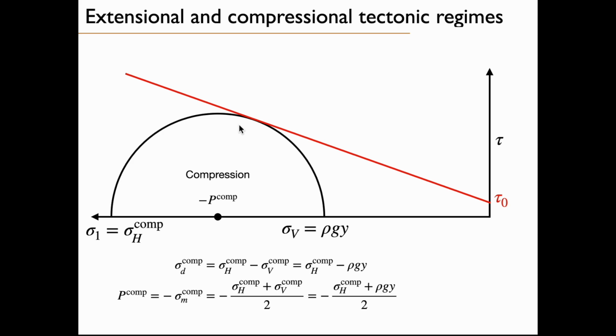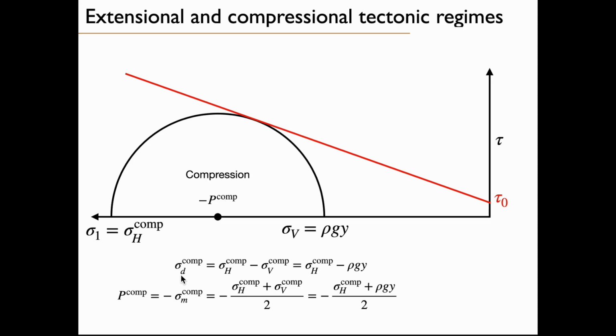So here's a circle represented for a compressional regime. In the compressional regime, the principal stress, sigma 1, is the horizontal stress, so sigma h comp. The minimum stress is the vertical stress, and it's the lithostatic, the static load. The circle center is located here, minus p comp, or sigma min comp.